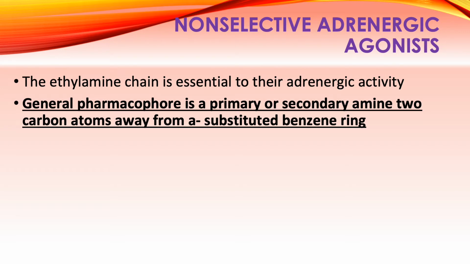Let us recall the examples of non-selective adrenergic drugs, norepinephrine and epinephrine. They interact directly with our adrenergic receptors to elicit a response. Thus, the pharmacological application of this agent results in activation of both alpha and beta adrenoreceptors all throughout our body.